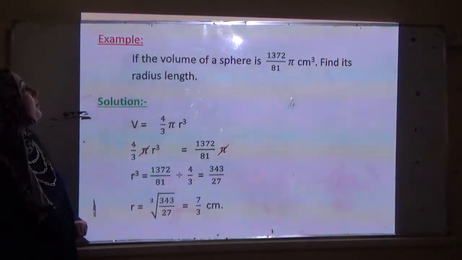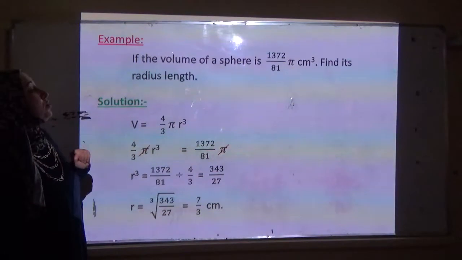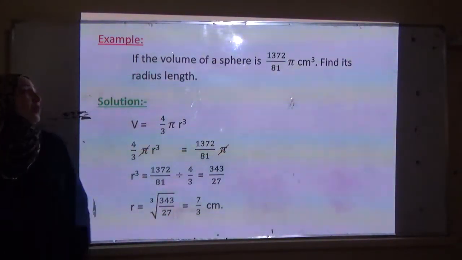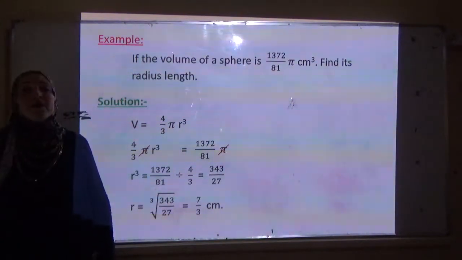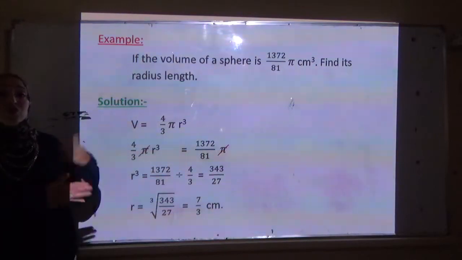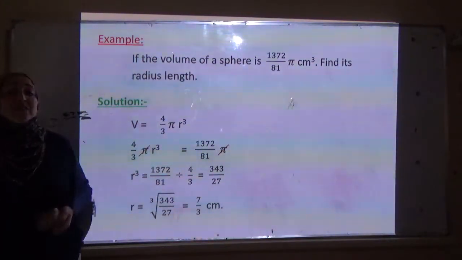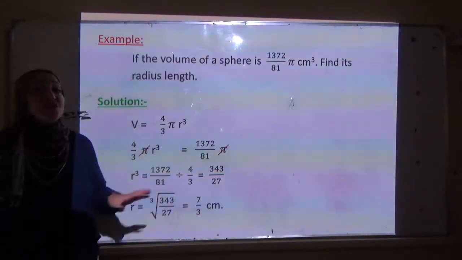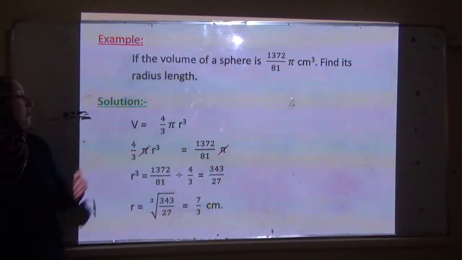Another example, the volume of a sphere is 1372 over 81 pi. He gives me the volume in terms of pi. No need to change its value, keep it as it is. Find its radius length. At first we have to write our rule.